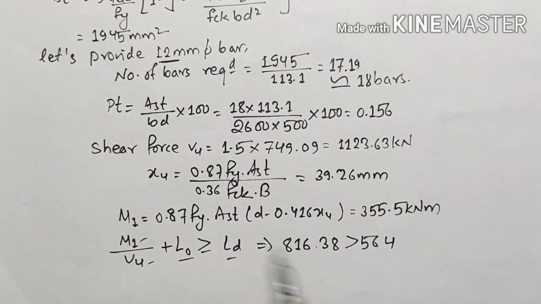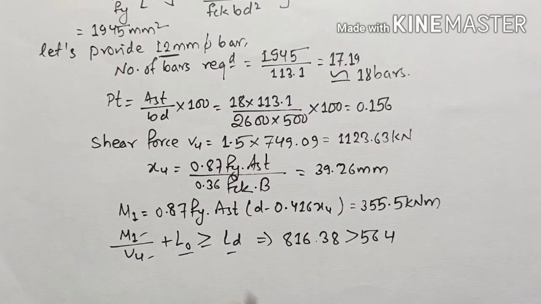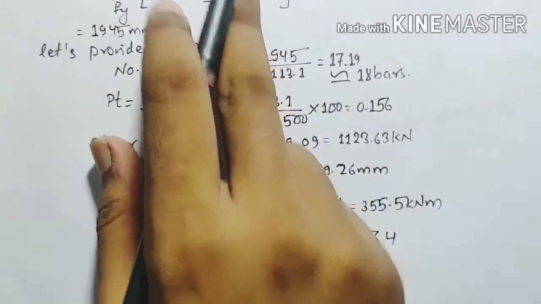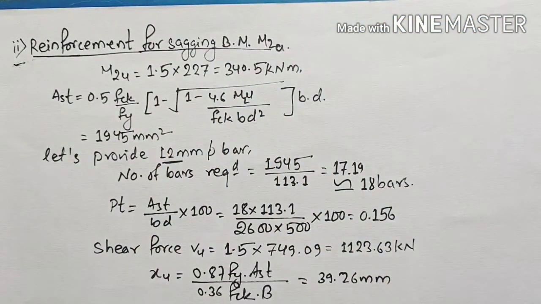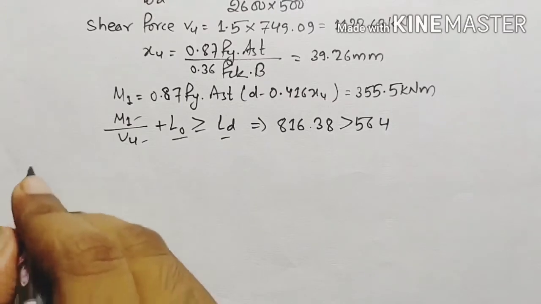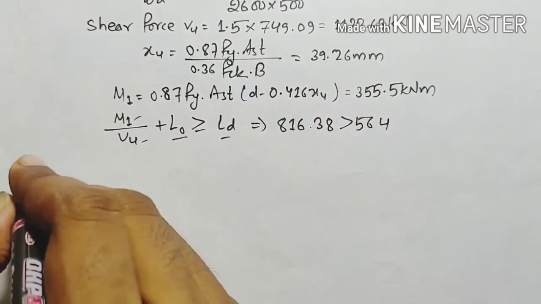And now we will be designing the reinforcement for the sagging bending moment M3U, that is at column A. Now let's write it down here.